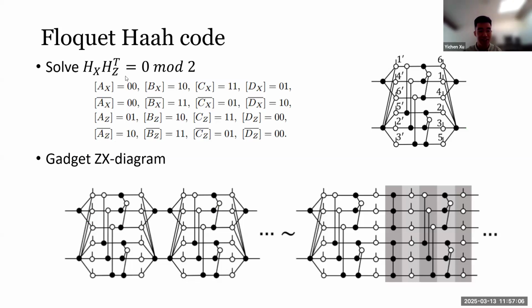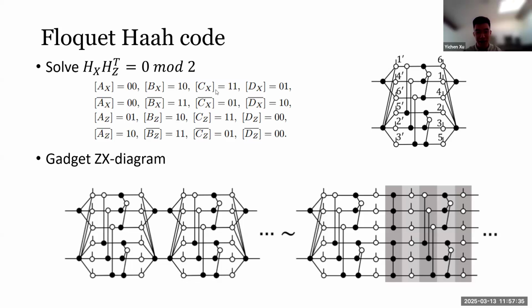When you solve HX HZ equals 0 mod 2, you find that the solutions correspond to these bond operators. The 0 and 1 just mean that 0 means there's no Pauli, and 1 means there's a Pauli X or Z, based on the subscript X or Z. Then you construct the ZX diagram of the encoder based on the solution, and what you find is on the right.